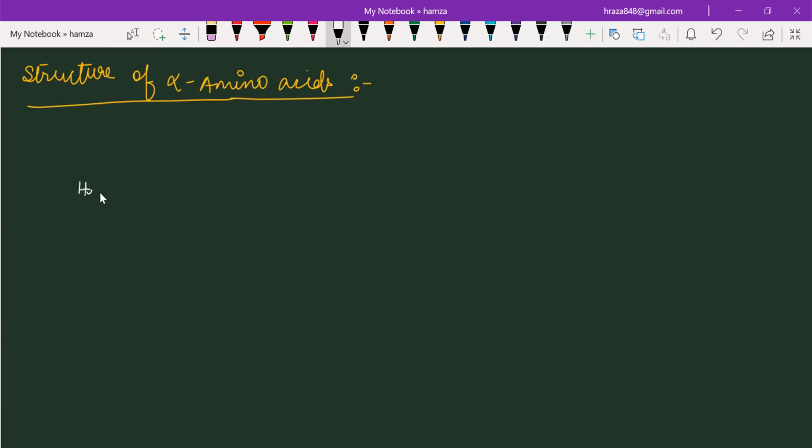You know that this is H2N, and if I ask you which type of amino acid this is, you can easily say this is an alpha amino acid because this NH2 is connected with the alpha carbon. That's right, it is an alpha amino acid.